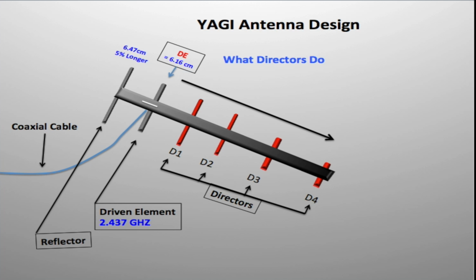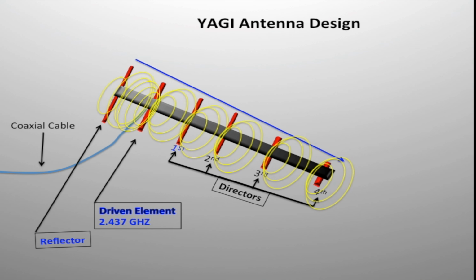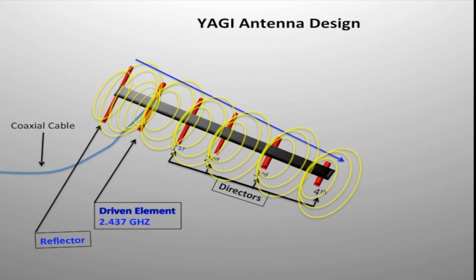Directors don't connect electrically to anything. Instead, they re-radiate energy that's slightly ahead in phase, which causes the signal to add up in the forward direction. Each additional director increases gain, but this only happens if the length and the spacing are correct.